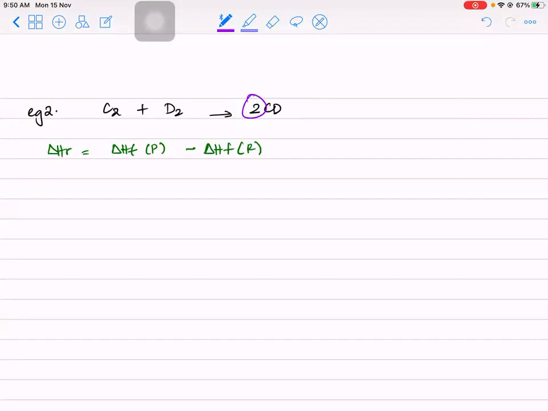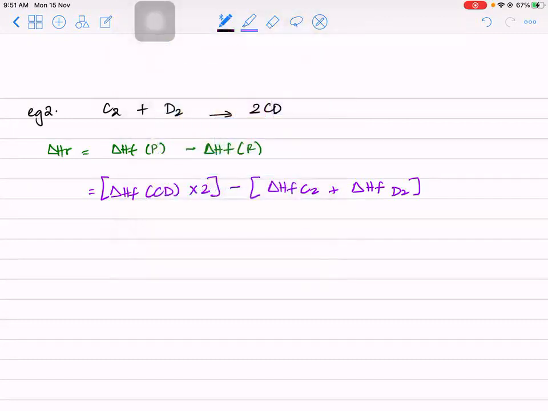And how many moles of CD do we have? 2 moles. So what will you do? It would be formation of CD times 2. So this is your product minus formation of reactant. So this would be formation of C2 plus formation of D2. Is this clear? Is this clear?